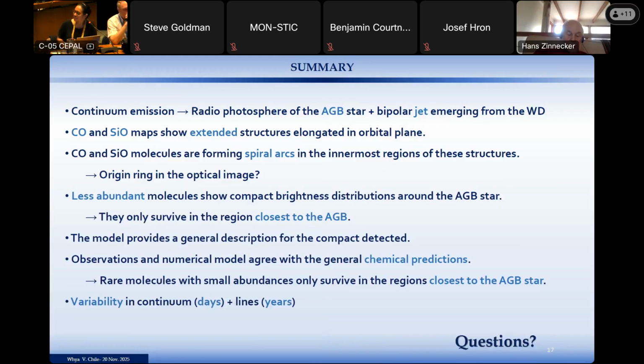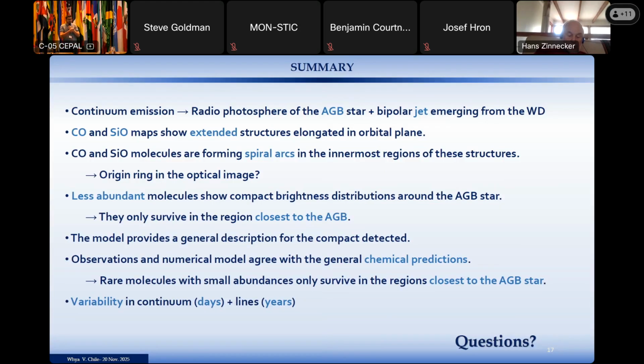Theo? Hi, thanks. Very nice talk. So in this system that we know, there is a very strong radiation field from a companion. Do you see any weird photodissociation products being formed? We are looking for that, but there are many lines.